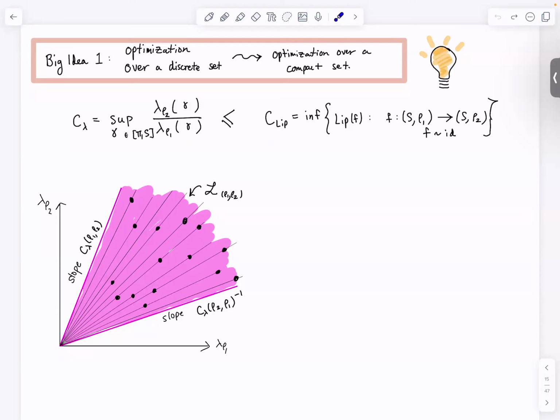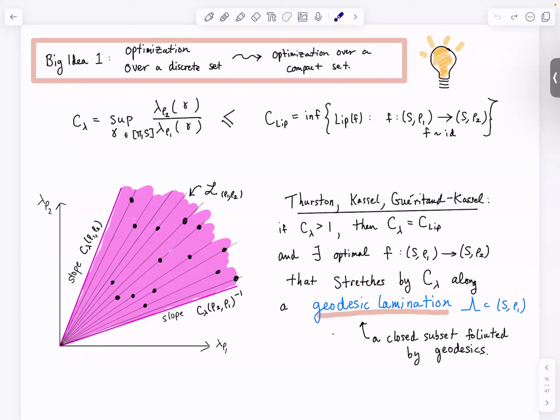But as I alluded to in my big idea here, we can actually solve this optimization problem. We can actually find that this inf is not an inf, it's a min. And in fact, there's a really nice optimizer.